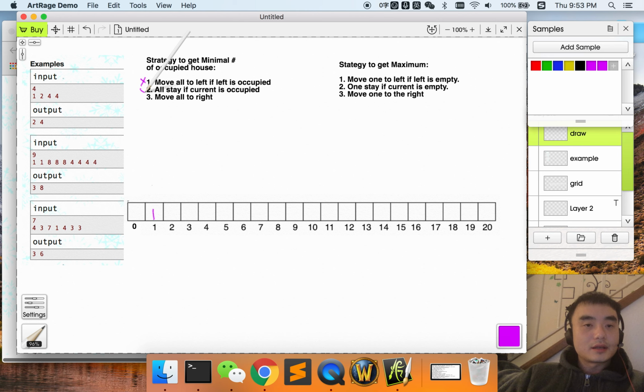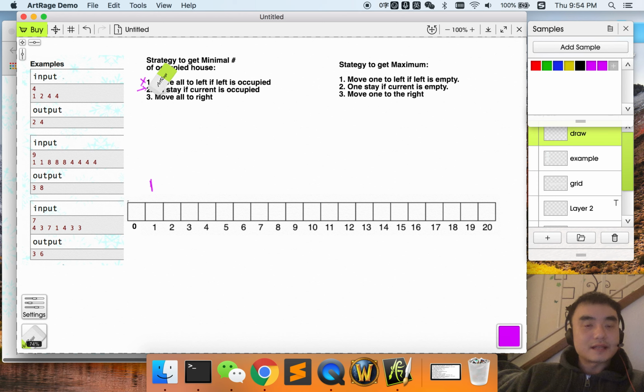So we move to the second best strategy, right? Stay if the current house is occupied. Actually, it's not, because this guy is still outside of the house. We haven't placed this guy yet, so this house is not occupied.